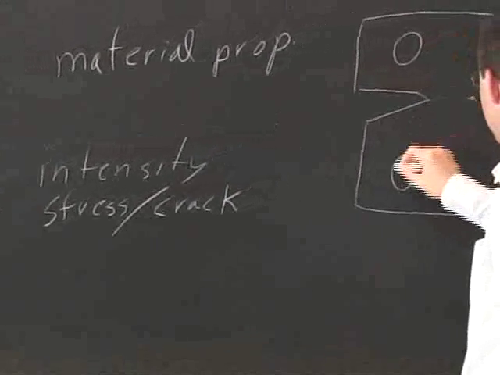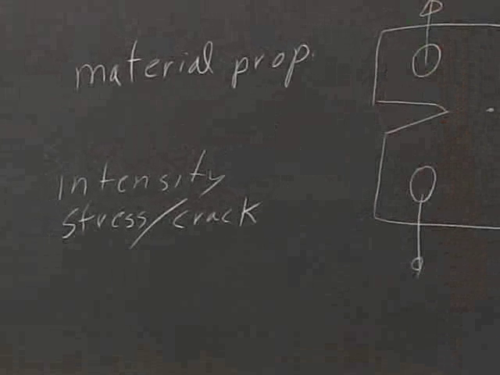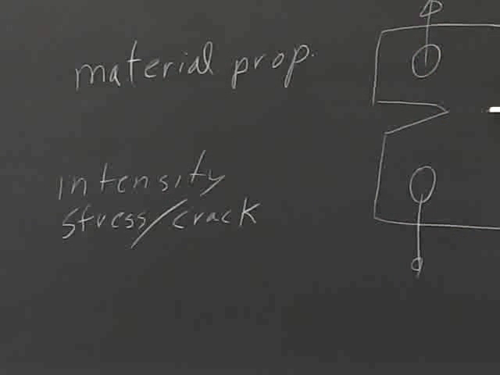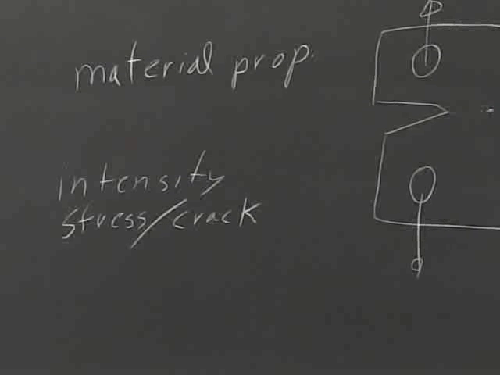I load this in tension. It's more or less a laboratory sample of this shape. So say we already have the crack, and then we apply a load, a cyclic load. So we have a delta sigma, and we also have our crack length.